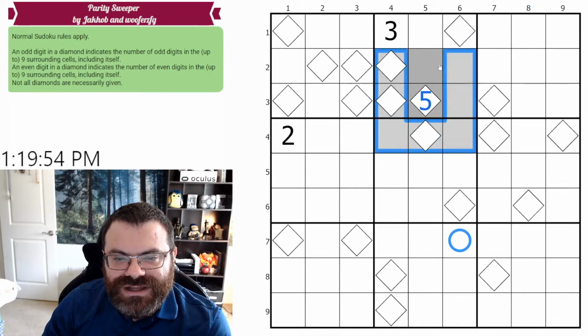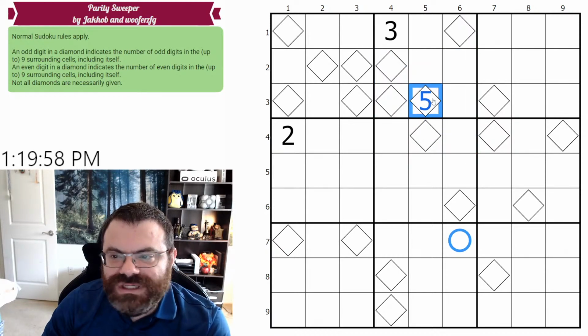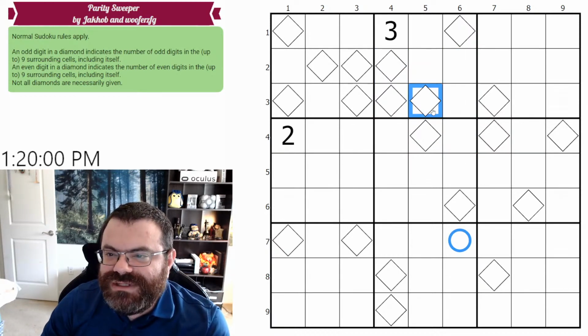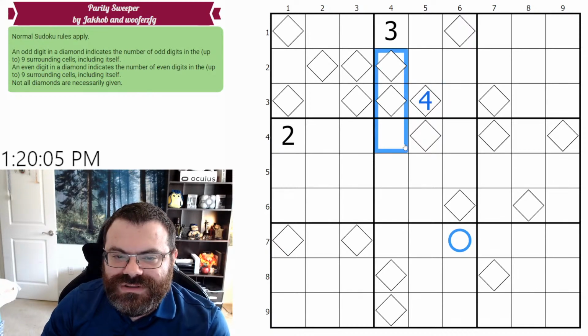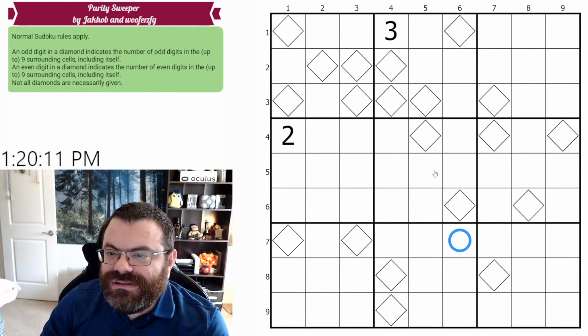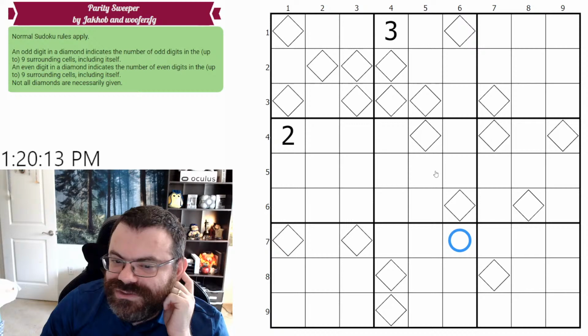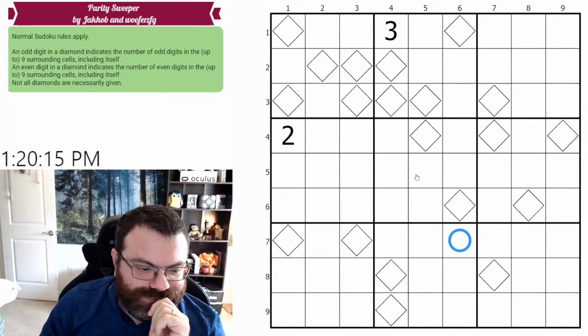So we need 5 odd digits in this area, 4 more in this ring. An even digit in the diamond indicates the number of even digits. So if this was a 4, then that would tell you that there need to be 4 even digits in this area. All right, not all diamonds are necessarily given. Good, no negative constraint.